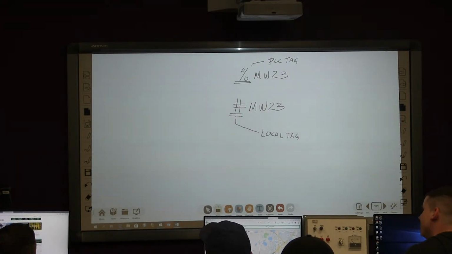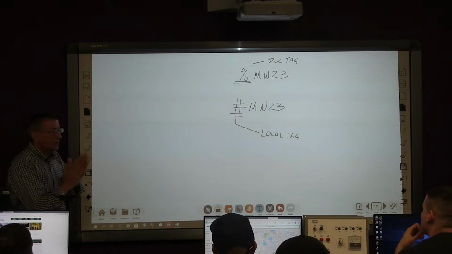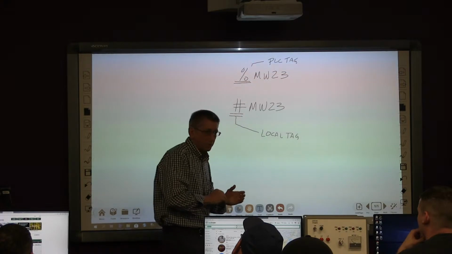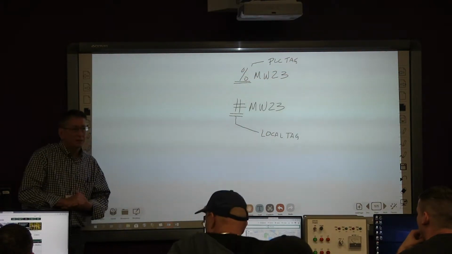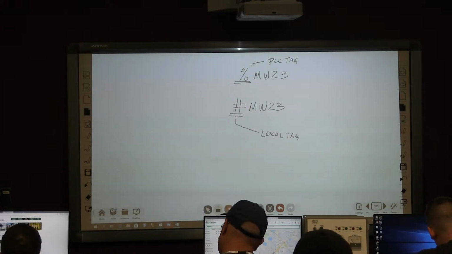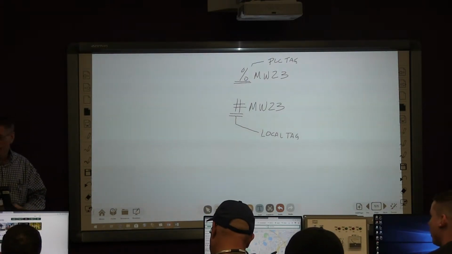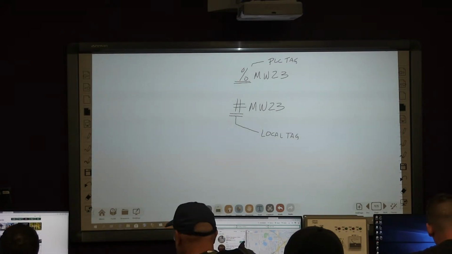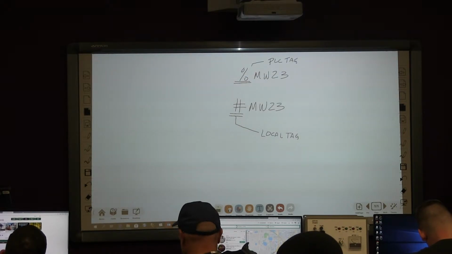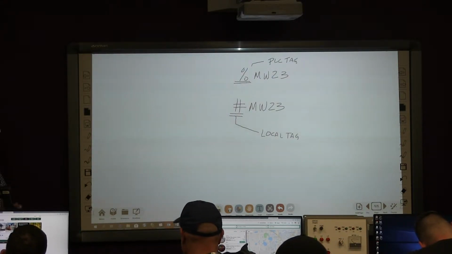So we talked about the code blocks. What are they? OB, organizational block, function, function block. There are three code blocks, and then data blocks. DB, data block, that's not really a code block. Organizational block, which is an OB, an FC, which is a function, and an FB, function block.